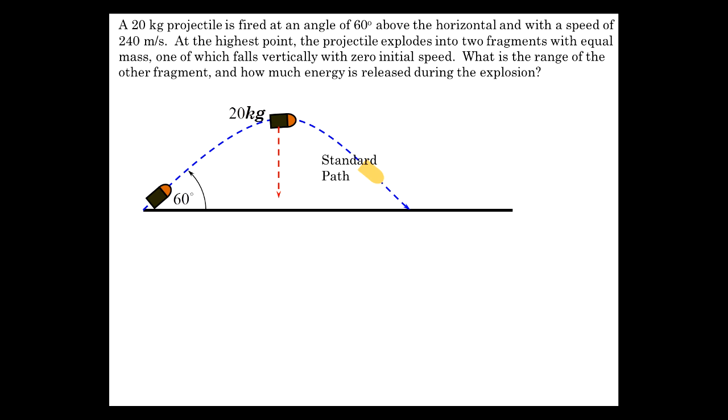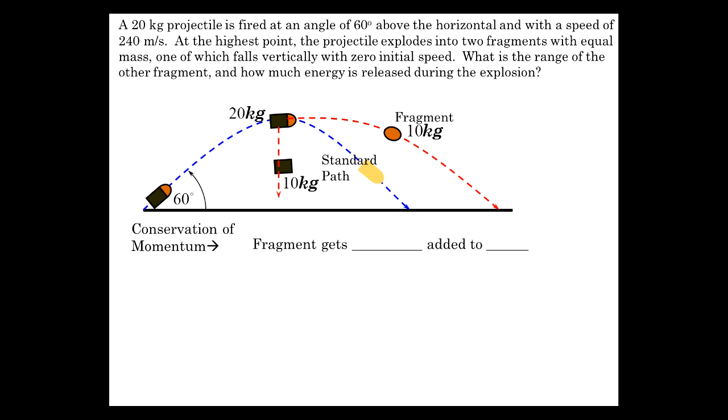So what's the range of the fragment that's left, which would be here, and how much energy is released during that explosion? Half of the object, 10 kilograms, falls straight down after the explosion. So obviously the other fragment is given a boost and it lands somewhere further on.